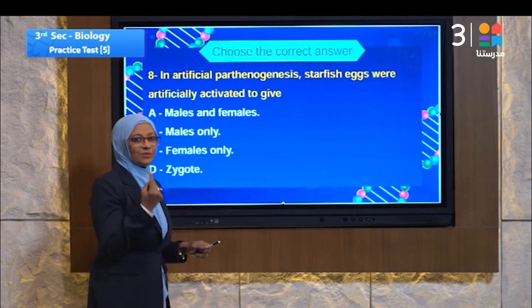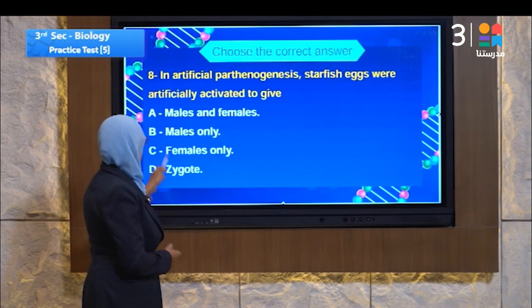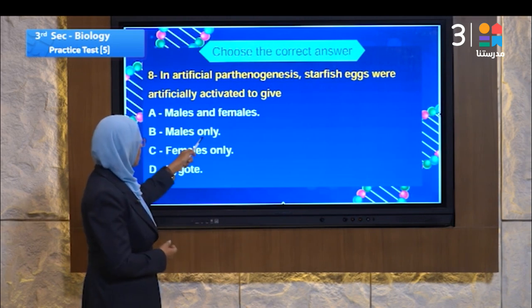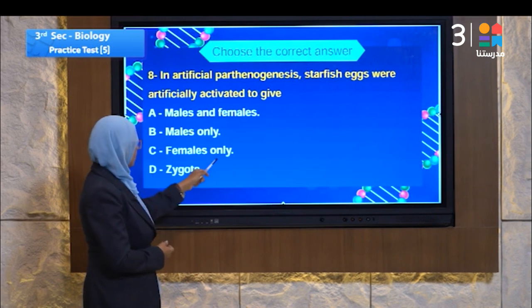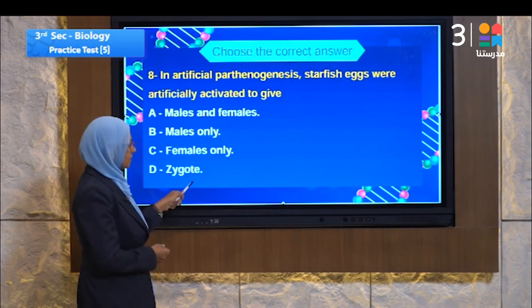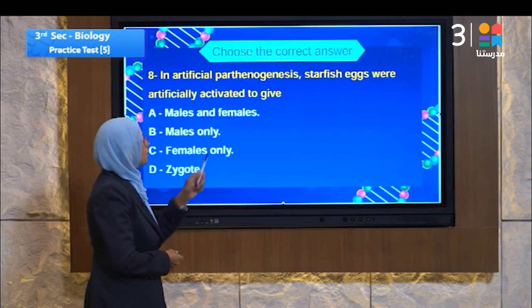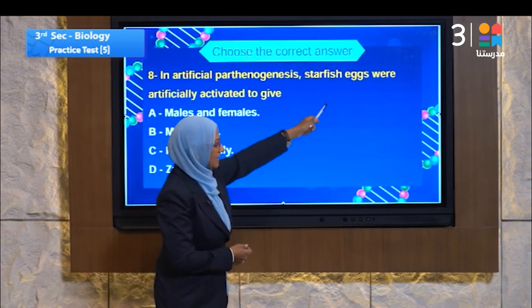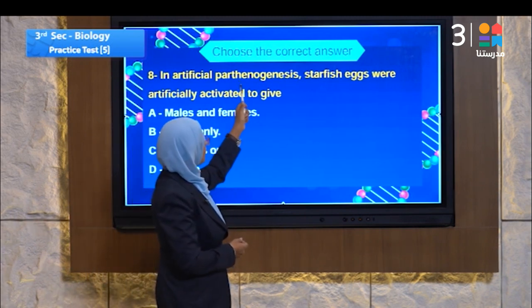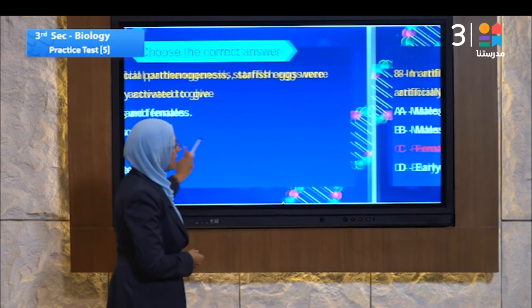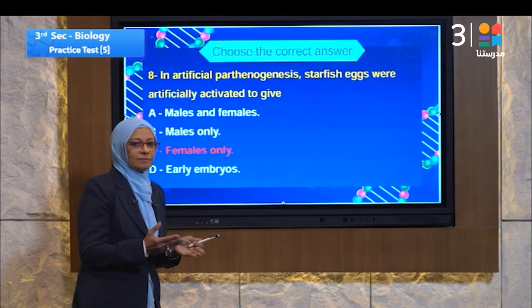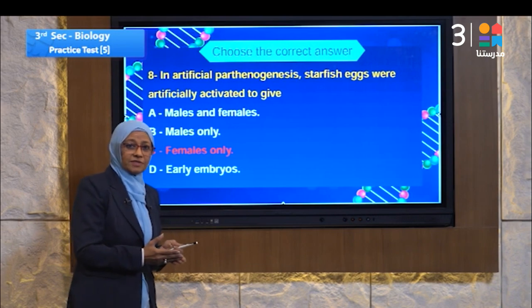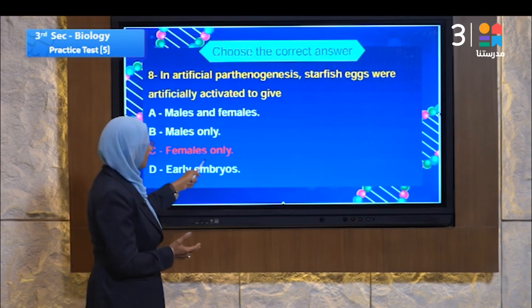No, we use one egg only. B, males only? No. Females only? The answer must be females only because we use starfish eggs. Parthenogenesis by starfish eggs, so the answer must be females only. So the sex of the produced individual will be females only.